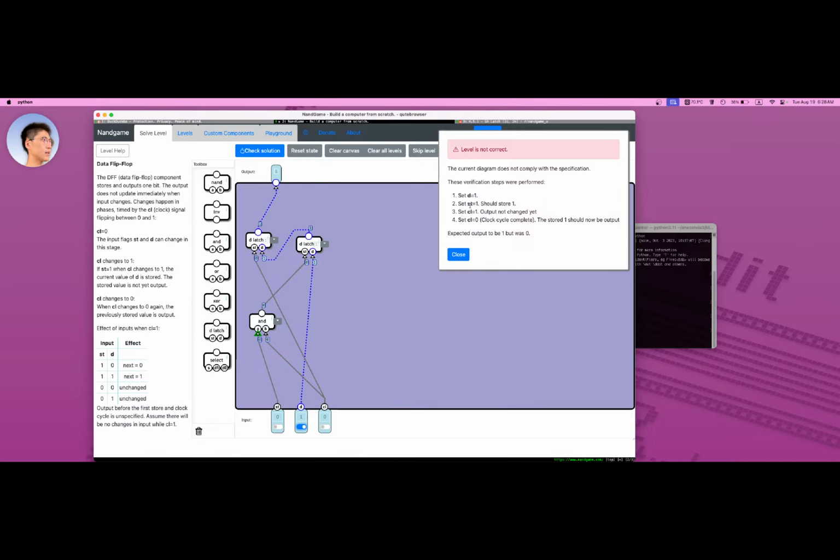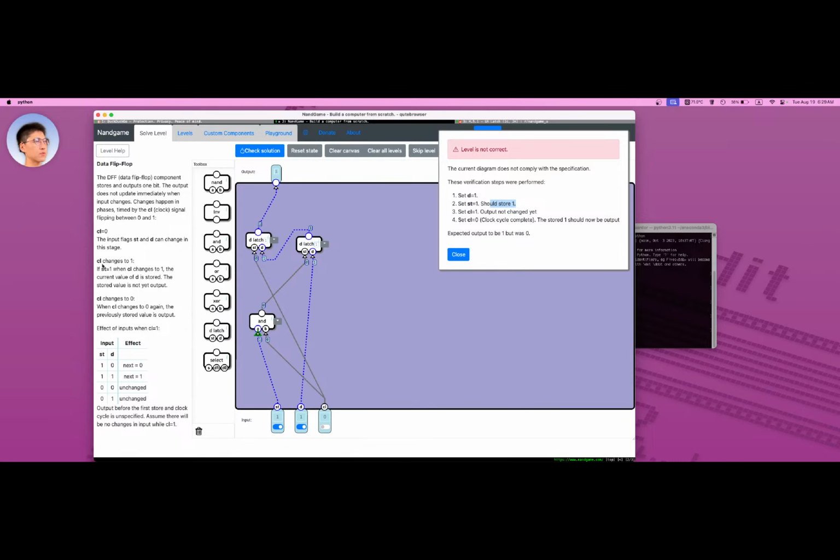Okay, I set it to 1. Set standard ST to 1, it should store 1 now. Okay, we are not storing 1, but should store 1. What does it mean?